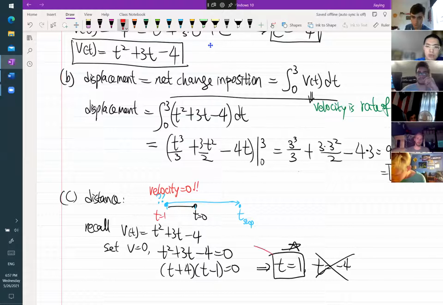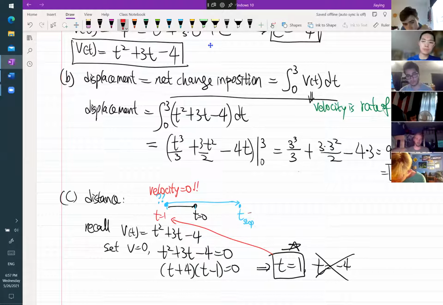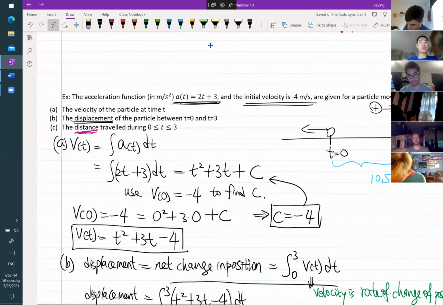So that's what we found. Now we need to find the distance from t equals 0 to t equals 1, and then the distance from t equals 1 to the stopping time, which is 3, which is given, right? We're looking at the distance from 0 to 3 seconds.